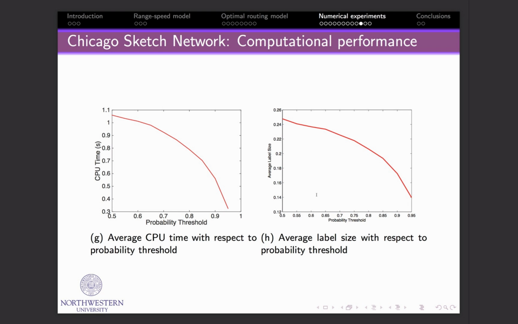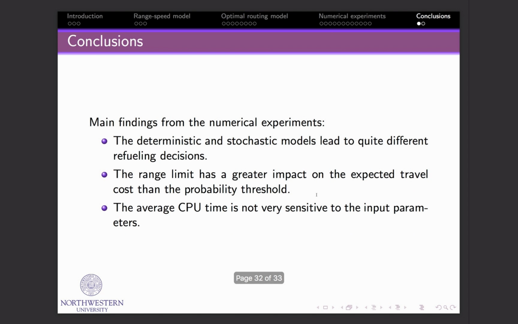This graph on the left shows that the CPU time increases with the number of discrete speed values, while the average label size decreases. The increase of CPU time is likely a result of calculation involved in the main updating formula.